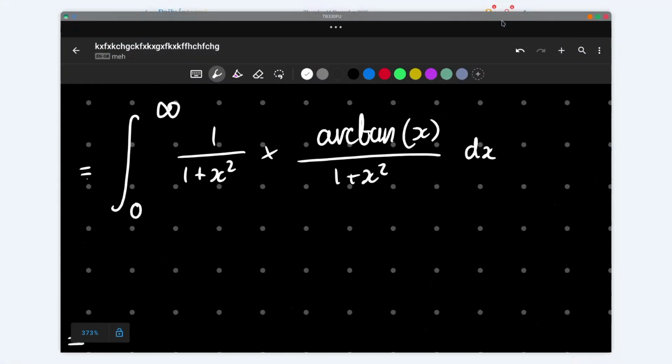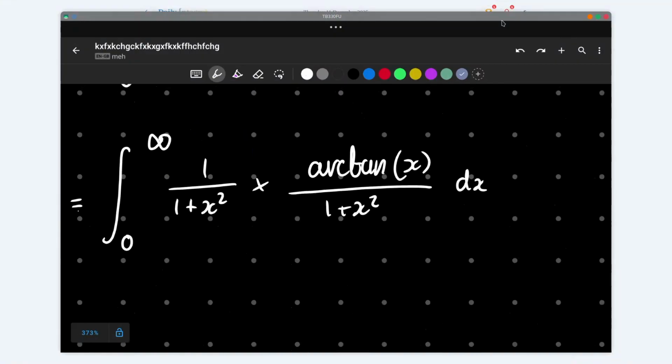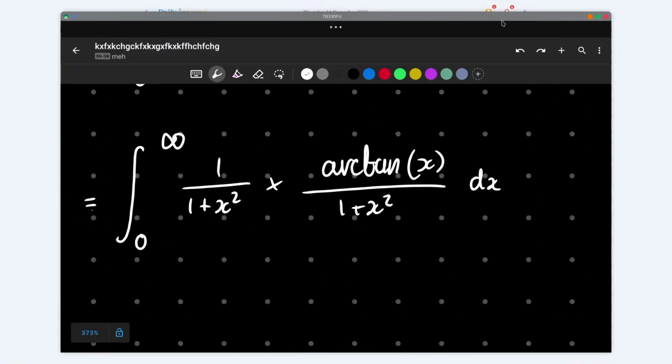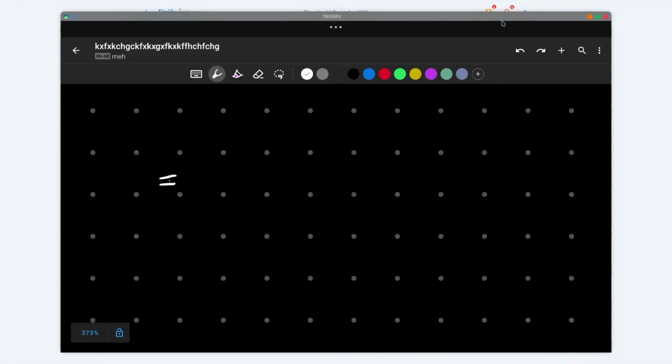So we would integrate this, differentiate this. I don't think that would help, but we can see what happens. So this is just a logarithm case. Is it though? No, wait, no. No, it's not.